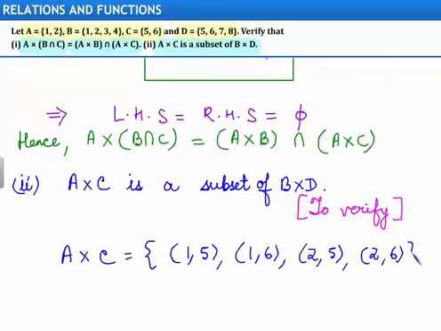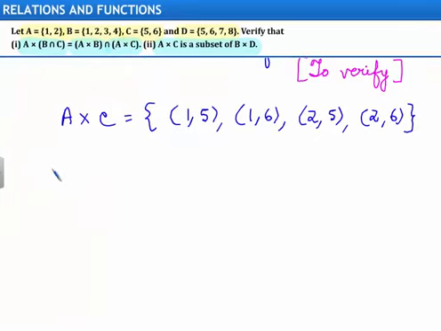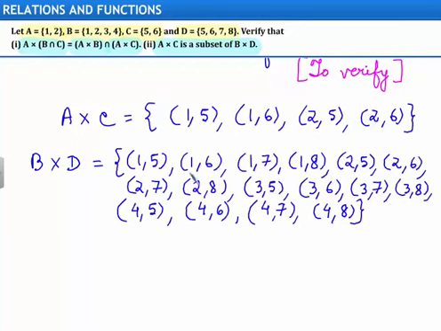So this we had already found out in the previous part. Now B cross D is equal to (1, 5), (1, 6), (1, 7), (1, 8), (2, 5), (2, 6), (2, 7), (2, 8), (3, 5), (3, 6), (3, 7), (3, 8), (4, 5), (4, 6), (4, 7) and (4, 8).